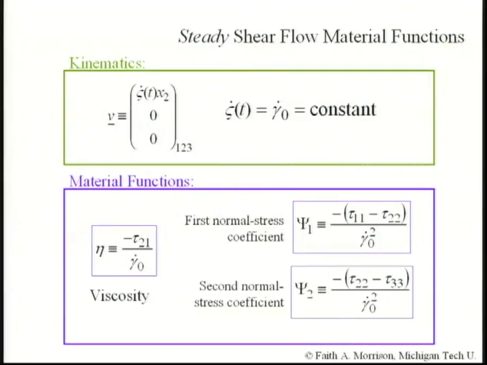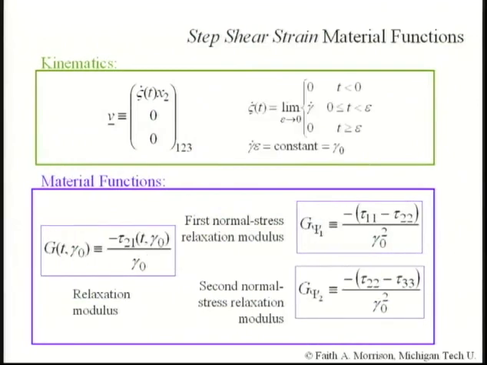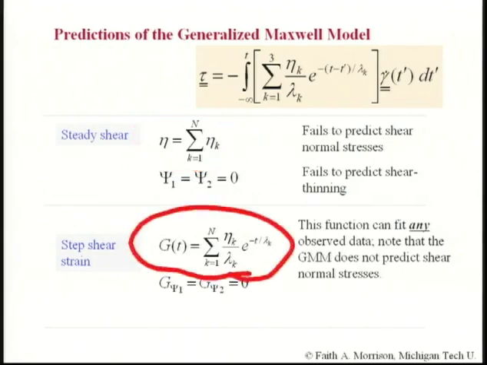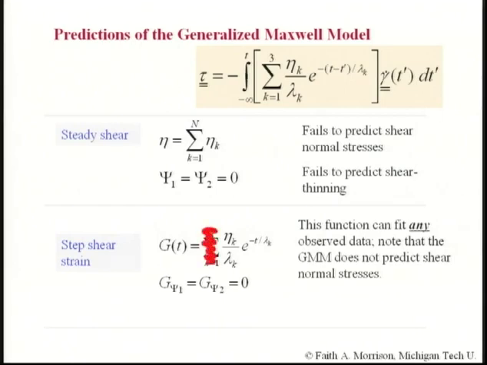So we tried it with steady shear, which you're going to do in the homework. And now we've started in step strain, which we just did. In steady shear, it turns out that each of those viscosity parameters adds up to give the total viscosity. We didn't know it would turn out like that, but it did. And each of the g of t's add up to give a total g. Before we had the single model, the only difference was there were no k's and this sum wasn't there. But it turns out they all just add up.